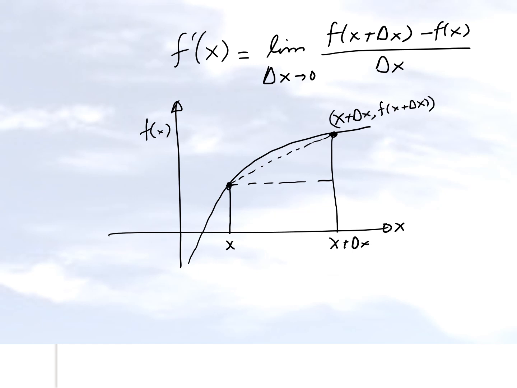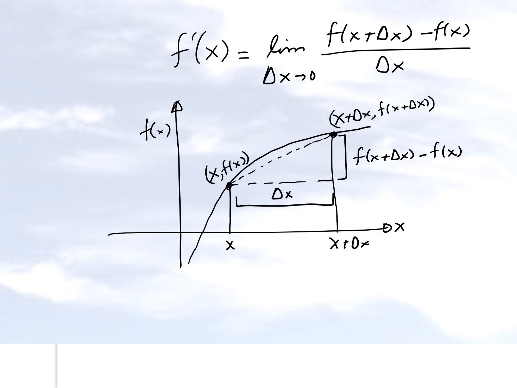Same thing here, this is x, and this is f of x. So this rise here will be the difference between the two function values as follows. And this run here, of course, is delta x.